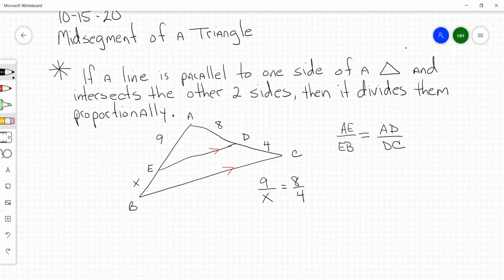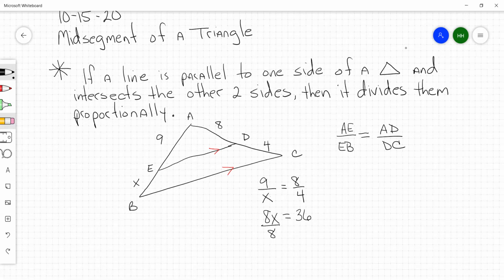And when you're solving a proportion, you crisscross multiply. So you multiply 8 times x and you get 8x. You make it equal to 9 times 4, which is 36.